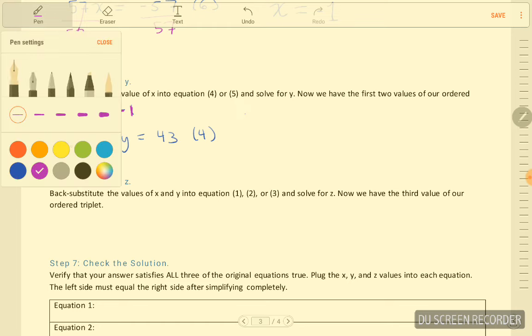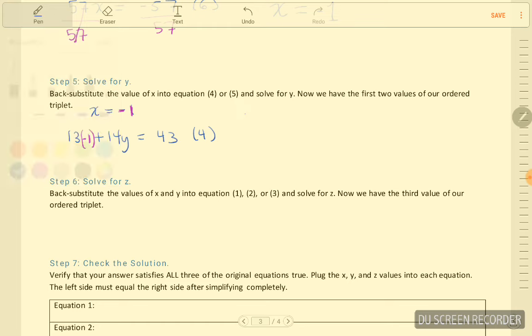And then I'll simplify that and solve for y. So that's -13 plus 14y equals 43. So my next step will be to add 13 to both sides. So I'll end up with 14y equals 43 plus 13, which is 56.